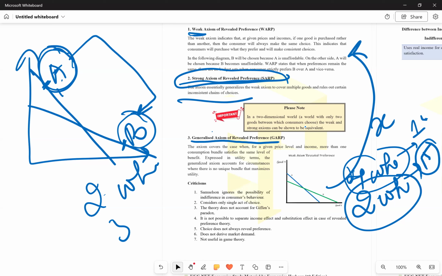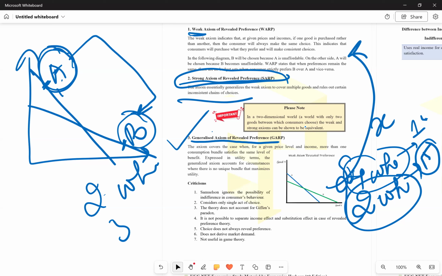Especially the middle class and the upper middle class, they do have a two-wheeler as well. Because of this convenience, both things at different points of time give you an equal level of satisfaction. And that's what your generalized axiom of revealed preference states.